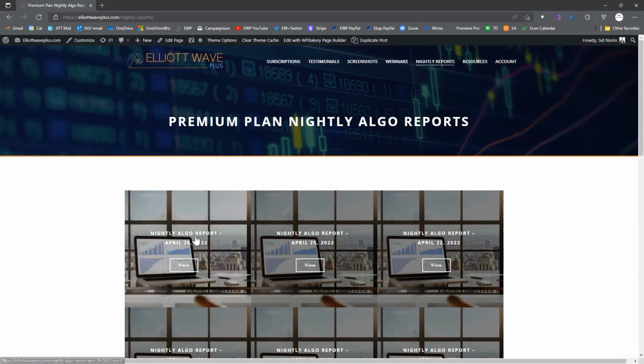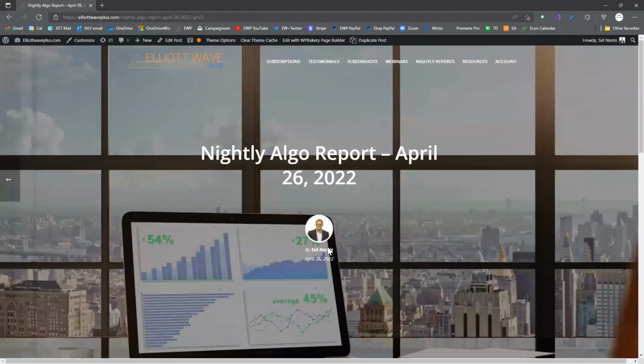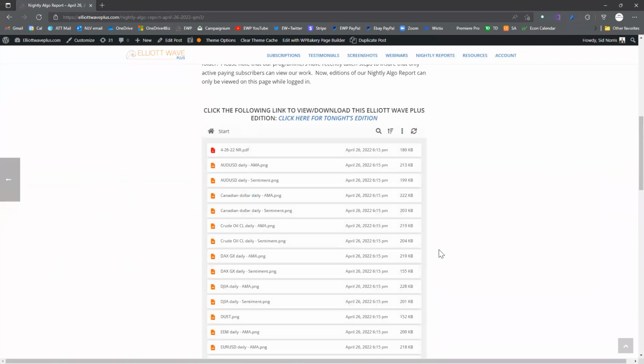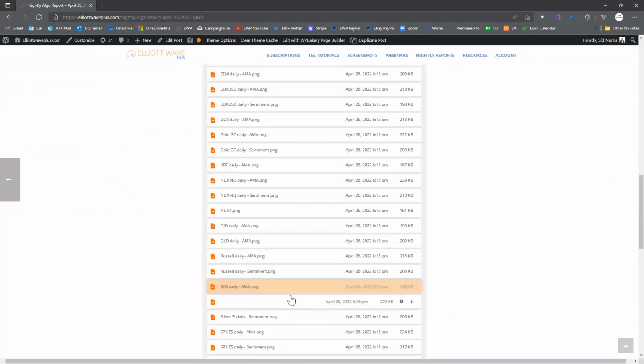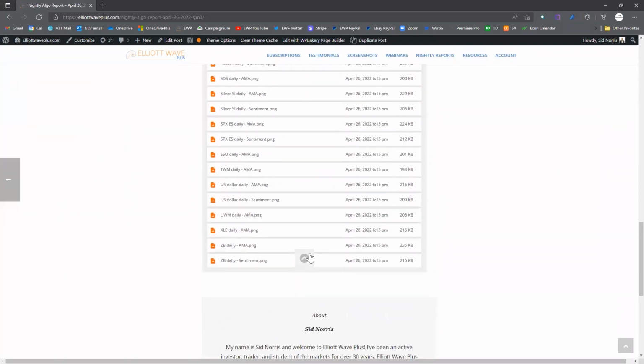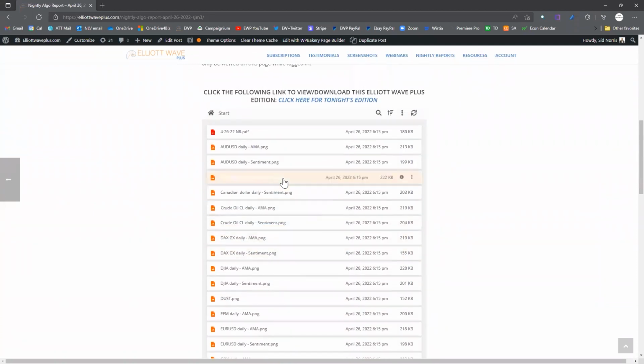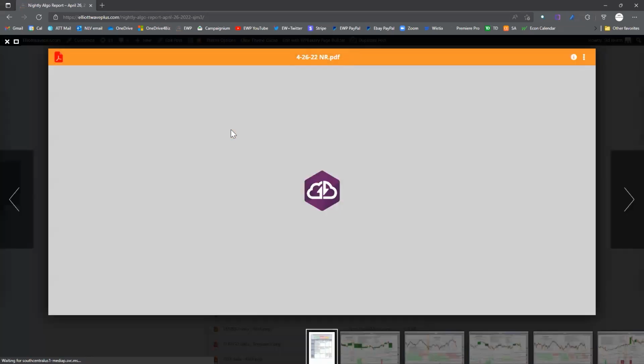So this nightly algo report was just published a few minutes ago, and it's for April 26th. And you can see that there's a tremendous number of screenshots that are made available to you every night of current conditions in the markets, and then a summary report.